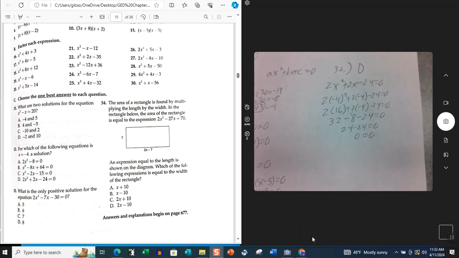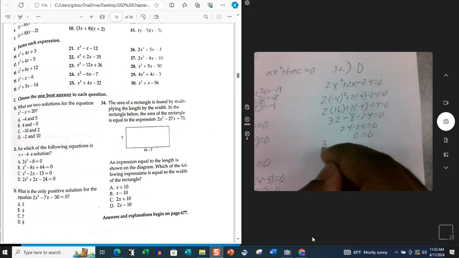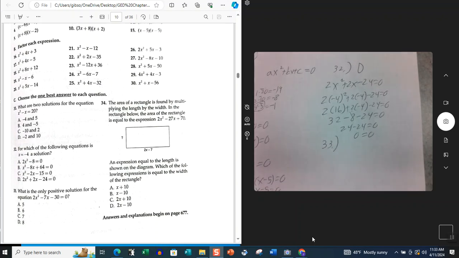Okay, now problem 33. It says, what is the only positive solution for the equation 2x squared minus 7x minus 30? Okay, so now with 33, again, this is another substitution problem. What you could do is either substitute in these values for the x value and see if they give you 0, or you could factor this and then solve for the solution.